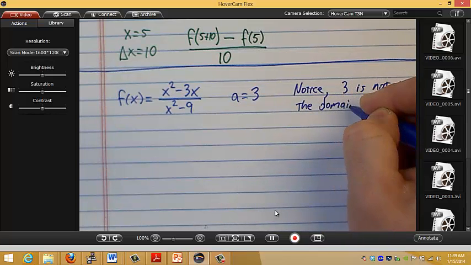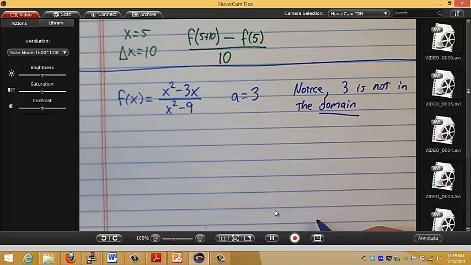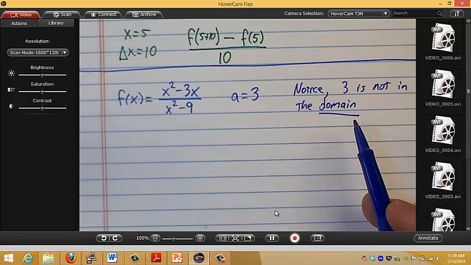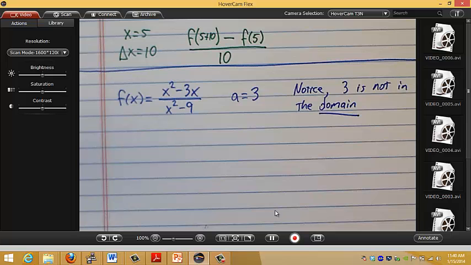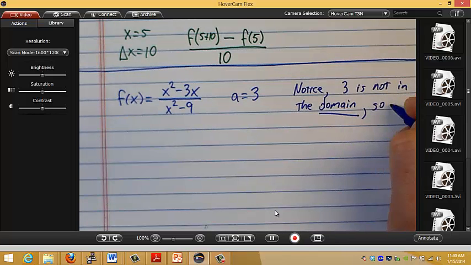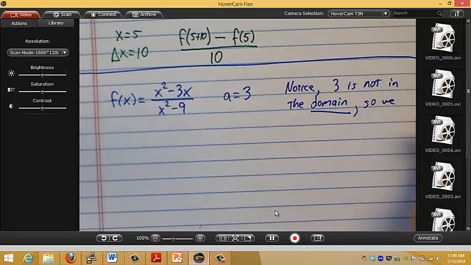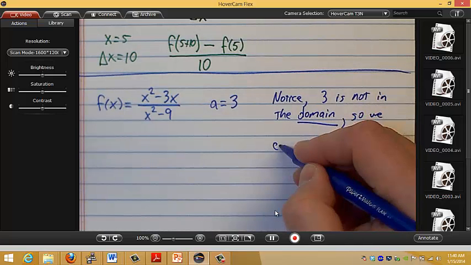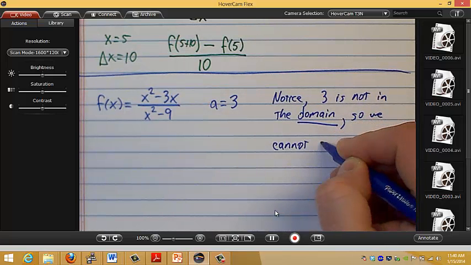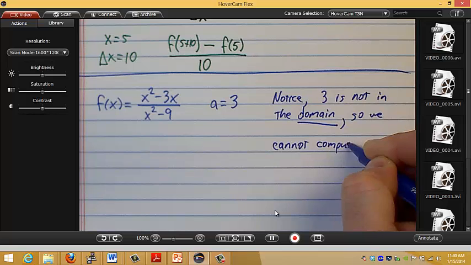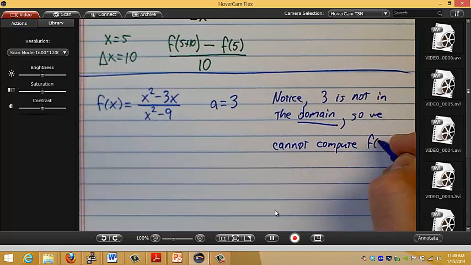What does the word domain mean? Set of all possible inputs, I like to say, the values that go in for x. 3 is not in the domain, so we cannot compute f of 3.